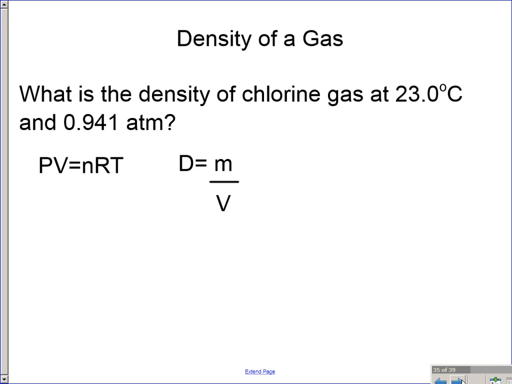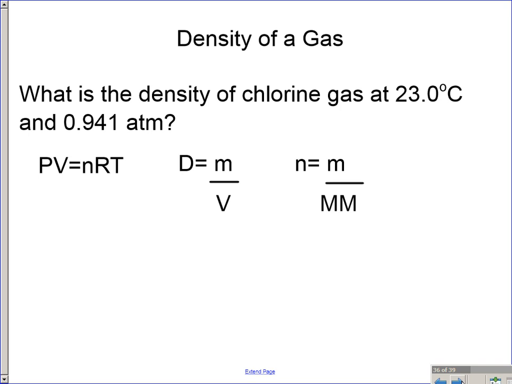Density is equal to mass over volume, but we can't really figure out a way to plug that into our equation yet because mass is not in PV equals nRT. If you look on your reference sheet, you also have this: moles is equal to mass over molar mass, that we actually use doing our thermo calculations.